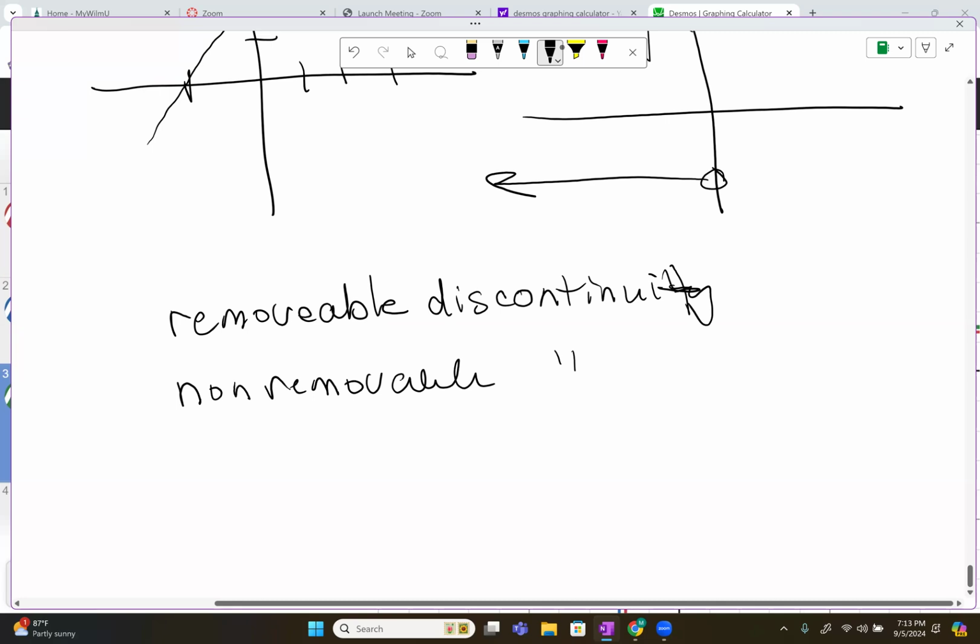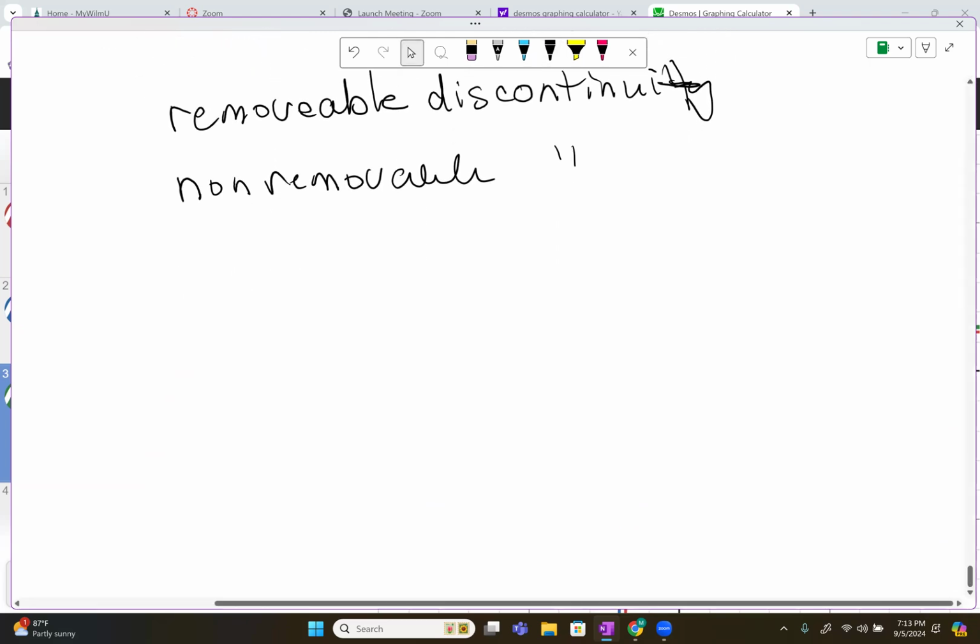So if you look at removable, not removable, versus continuity, we can discuss that. Well, it's fairly easy. So let's talk about removable discontinuity and see what happens.